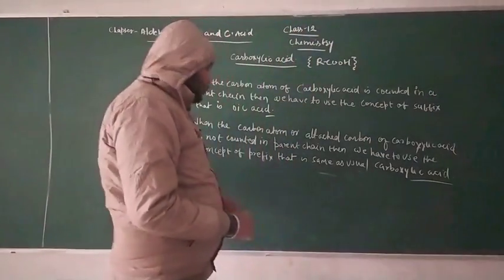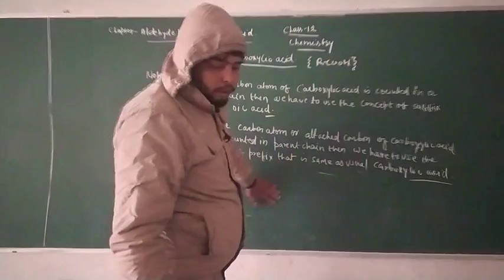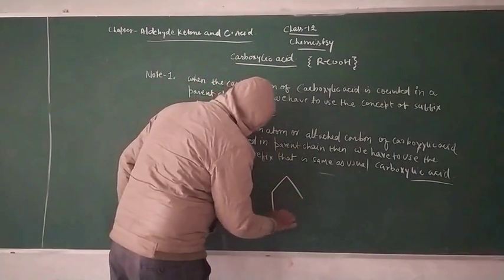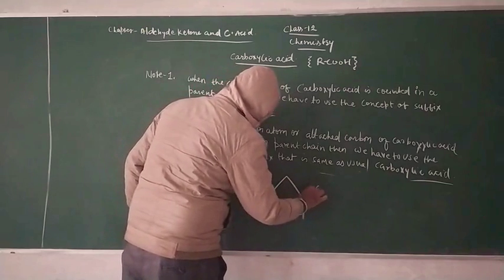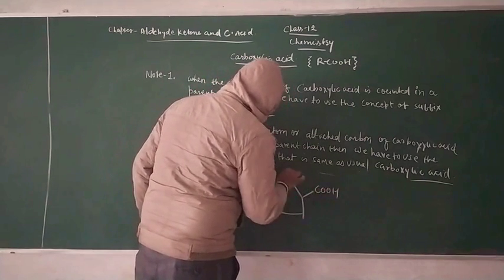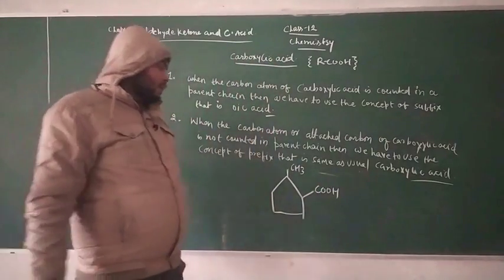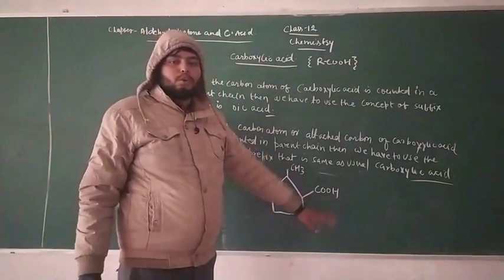Here the name is derived from the formation. This is your structure containing COOH, and this is your CH3. How can you write the name? This is your functional group here.